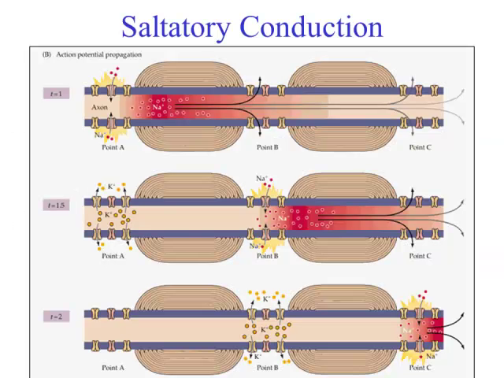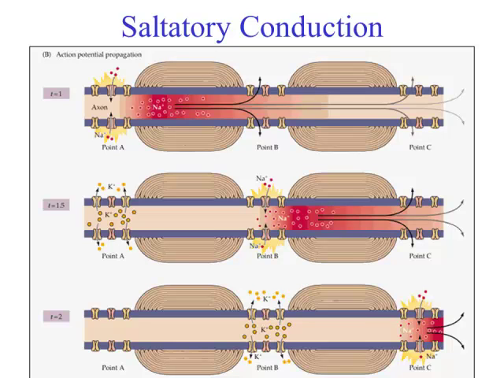So in segments of the axon that are covered in myelin, it can't do all this opening of sodium and potassium channels and everything. They're closed off. There's this big old cell in the way. So what happens is that the neuronal signal, the action potential, the positive ions that are brought in, those sodium ions, simply propagate down in these areas of myelination, because positive is attracted to negative.